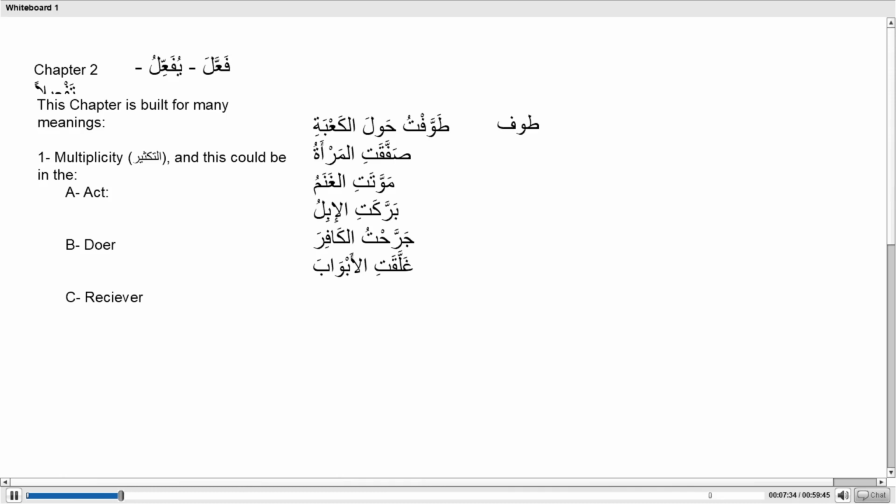Okay? Of course, طوف is from tafa. And tafa means what? Circumambulated. واضح؟ This is طاف. طاف يطوف.